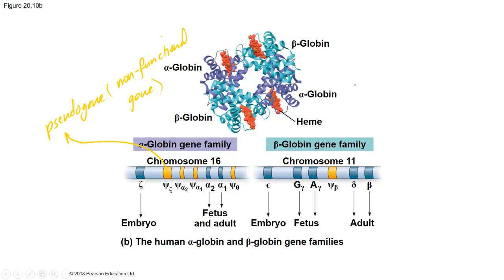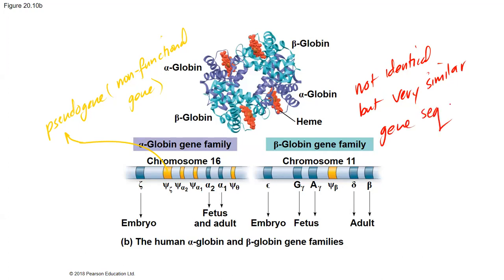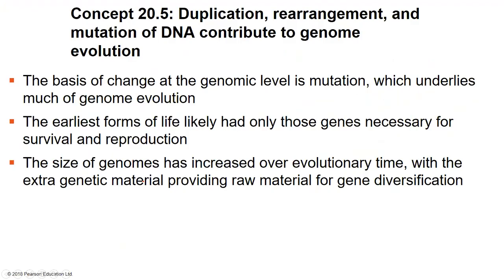It's very important: not identical, but very similar gene sequences. And there are many other example gene families found in the human genome or the genomes of other organisms.